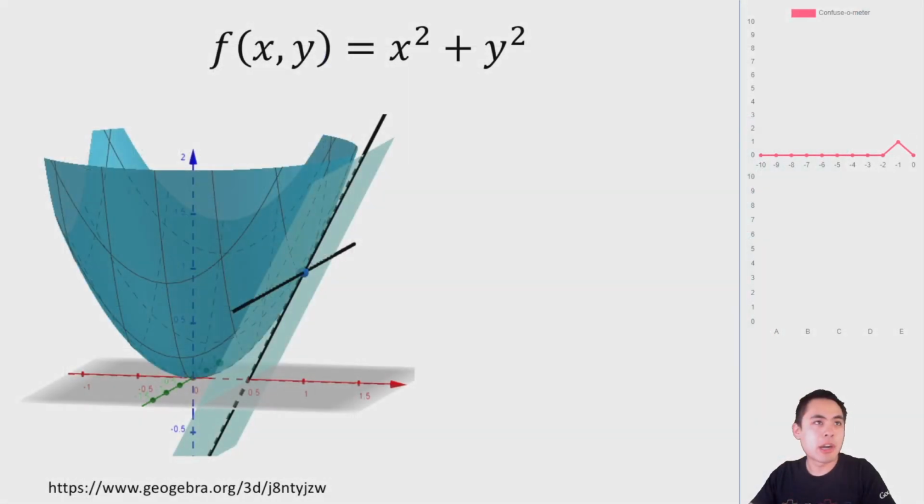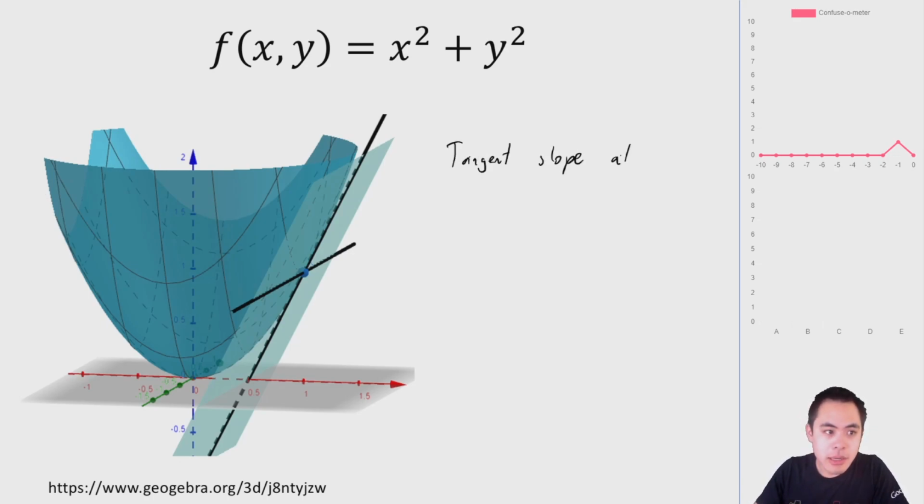Let me go back to my PowerPoint. So basically what we're saying here is that the partial derivative gives you the tangent slope in a particular direction. So the tangent slope at the point (1, 0, 1), which is the point I have here, depends on which direction we're going.